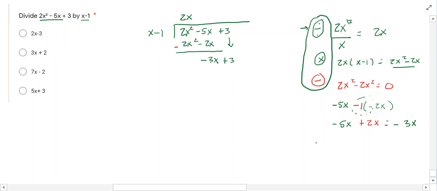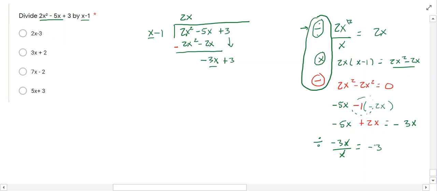So if we do this again, minus 3x divided by x, the x's will cancel out with each other, and that's going to be equal to minus 3.